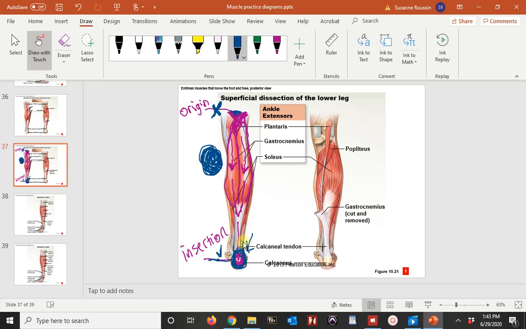Well, the ankle is going to move up a little bit. When the ankle moves up, the toes go down, and it's like you're pointing your toes, or when you're driving a car and you push your foot down on the pedal. That is called plantar flexion.